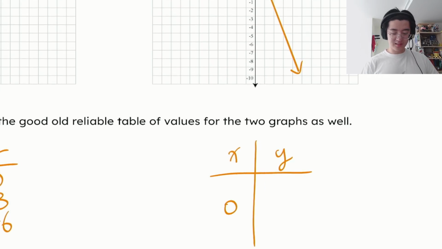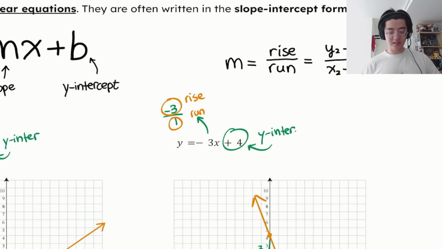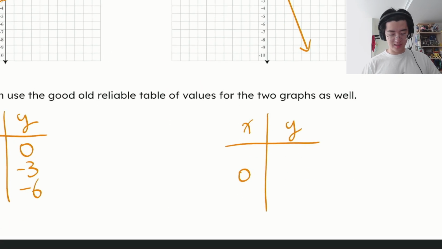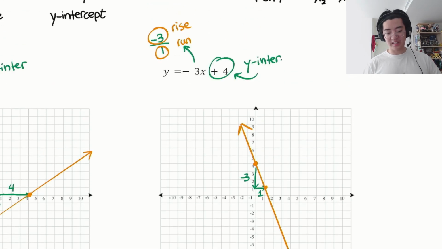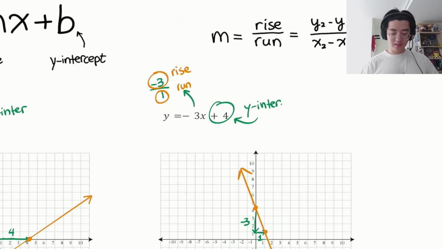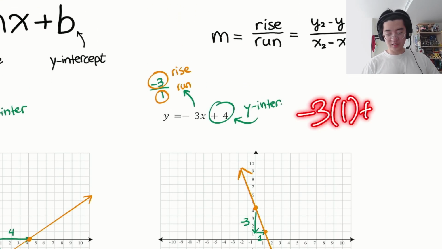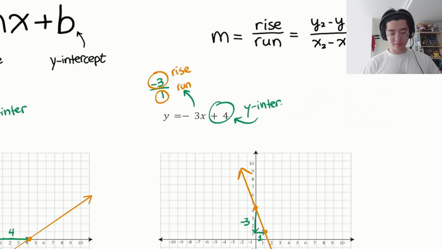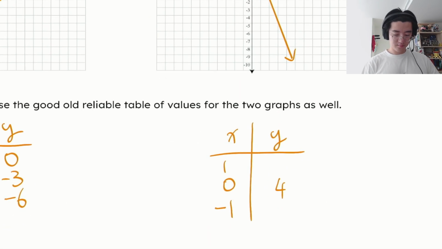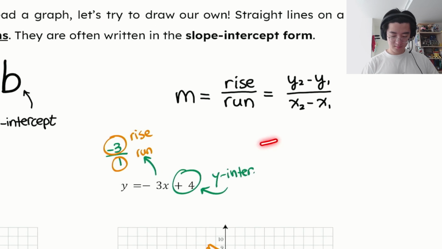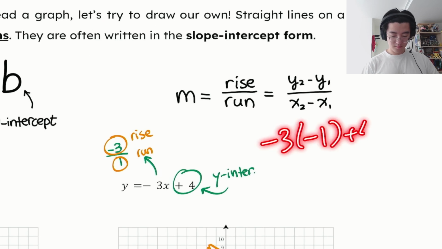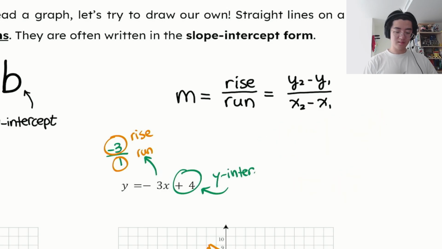Okay, next one. Once again, if x is 0, then y is 4. That's the y-intercept. And now we can just do 1 and -1. Again, because it's easy to calculate. Alright, 1. -3 times 1 plus 4. -3 plus 4, which is just 1. If x is -1, that's +3 plus 4, which is 7.